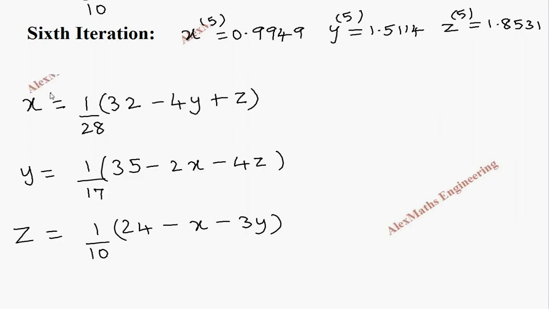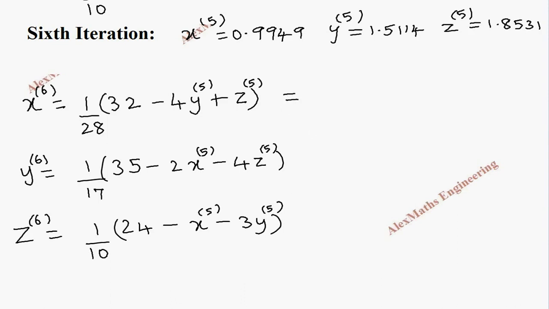So we are going to copy the equation, and as it is the sixth iteration, we are going to find x of 6, y of 6, z of 6 using all the x of 5, y of 5 and z of 5. We write all these and one by one we are going to calculate.